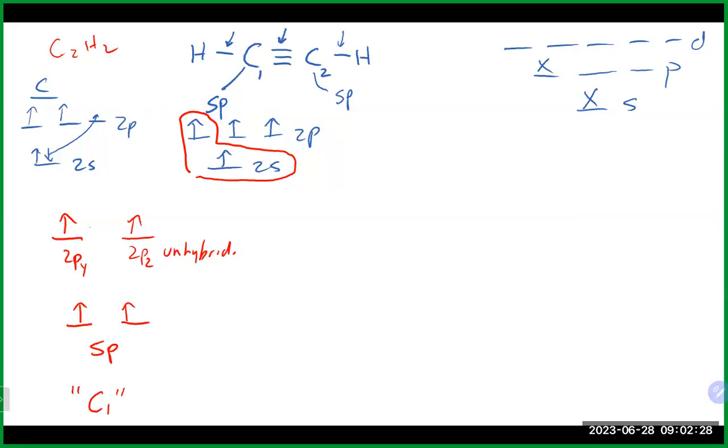So it will end up the same sort of guy at the end. So I'm just going to redraw that there. And it also will have 2 unhybridized p orbitals.